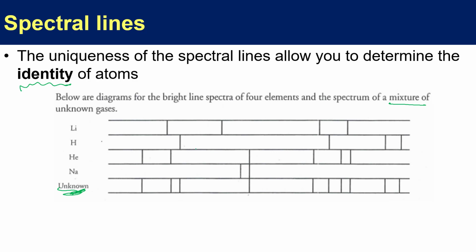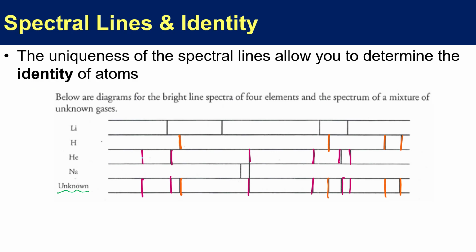And the way I do this is I look to see which one of these elements match the pattern in the unknown. I do that by really just marking the whole thing up. I can see that the mixture, which is down here, has components of helium because the spectral line patterns all match that are here, and also has components of hydrogen because they also have these components that match.